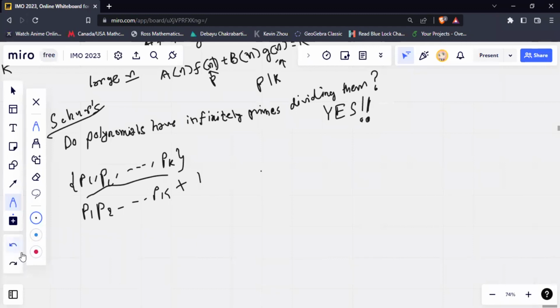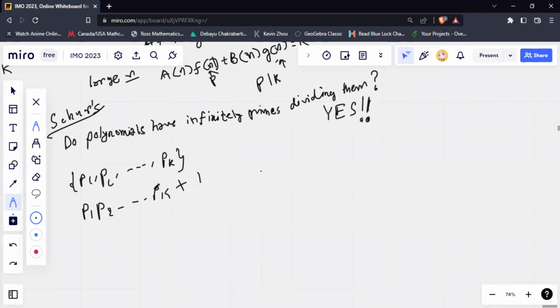I'm not talking about the polynomials, I'm talking about the proof that there are infinitely many primes in general. Do you get it?